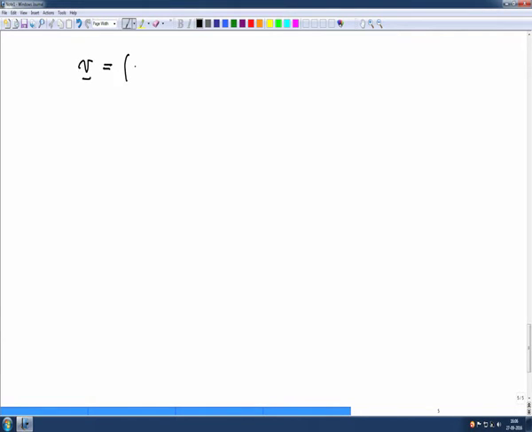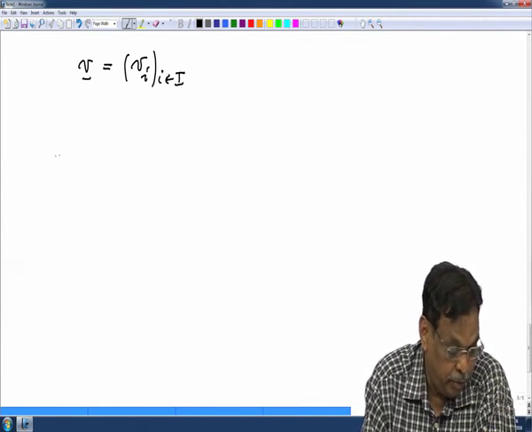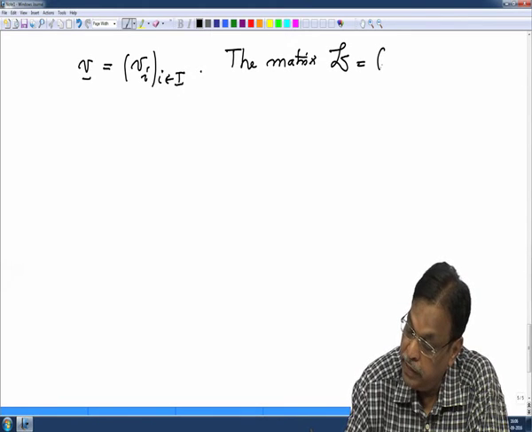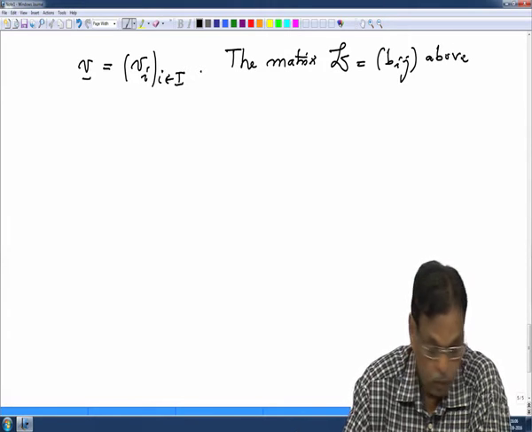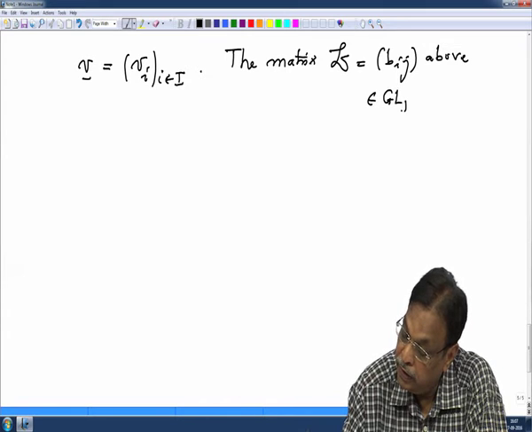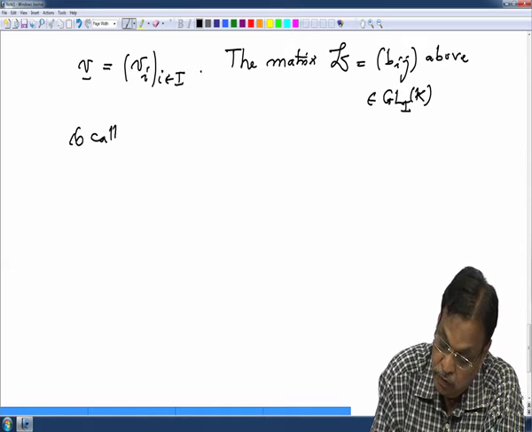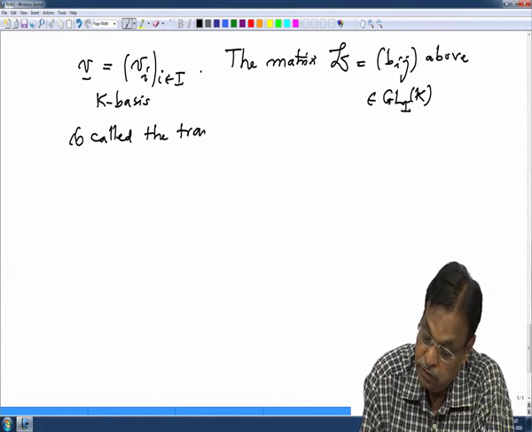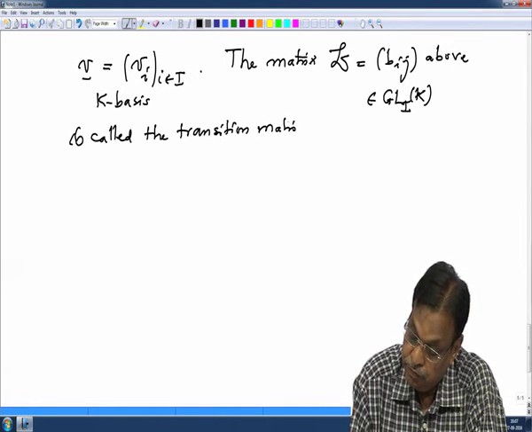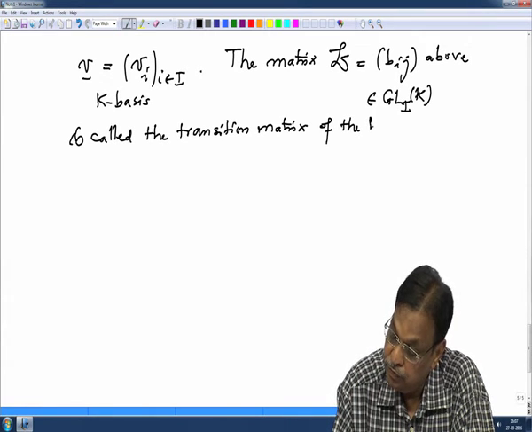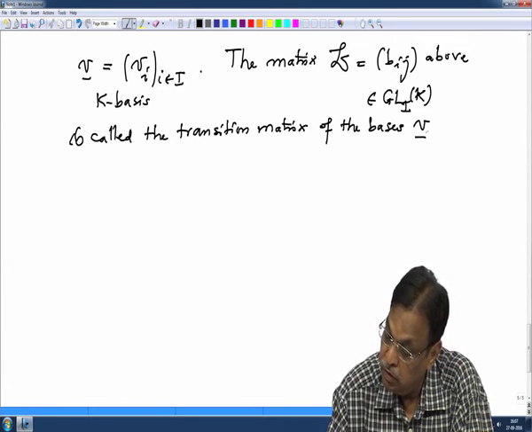V is a basis, that is Vi, i in I, and the matrix B, above, B is Bij, which is in GL_I(K), we are assuming now this is a basis, is called the transition matrix of the basis V to V prime.